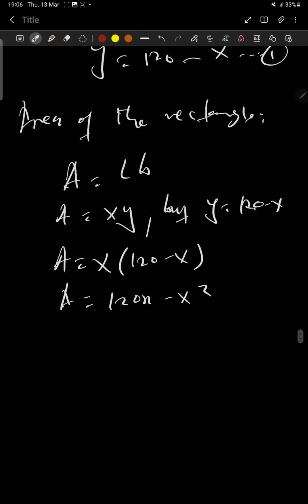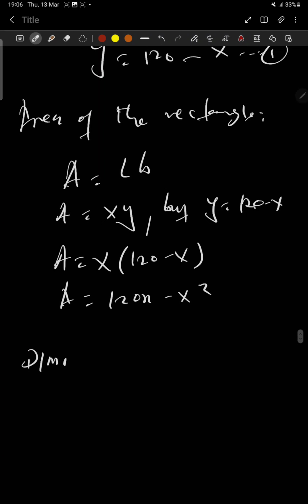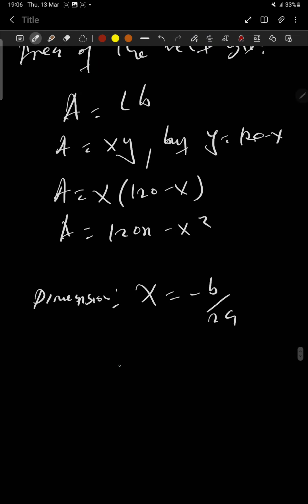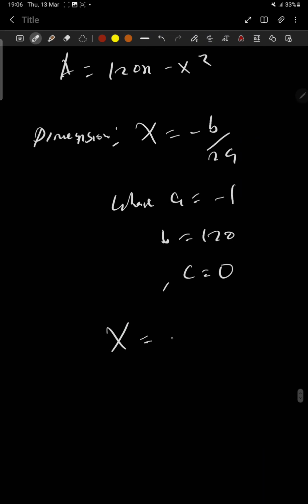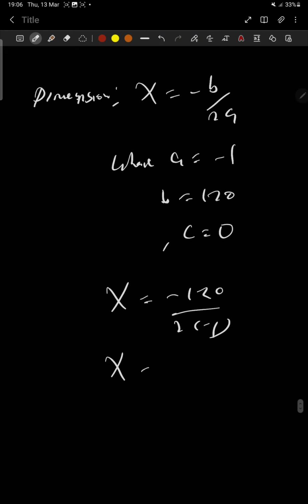So to find the dimension for x, x is equal to negative b over 2a, where a is equal to negative 1, b is equal to 120, and c is equal to 0. So our x will be negative 120 over 2 times negative 1. Okay, our x will be 60 meters.